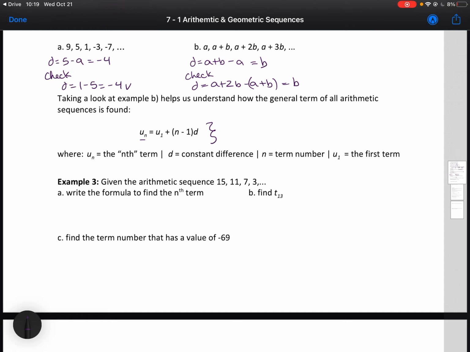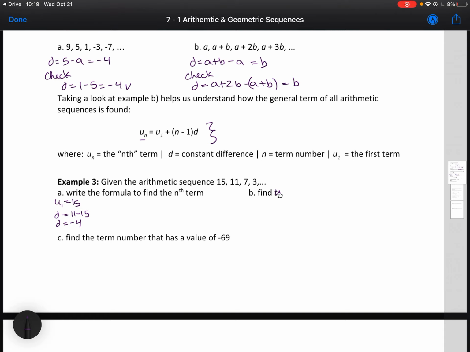For example, given the arithmetic sequence 15, 11, 7, 3, write a formula to find the nth term, and then we're going to find U13. In order to find the nth term, we need to know what U1 is. We have that, it's 15. And we need to know what d is. In this case, we can find it by subtracting successive values, and this is going to give us a difference of minus 4.